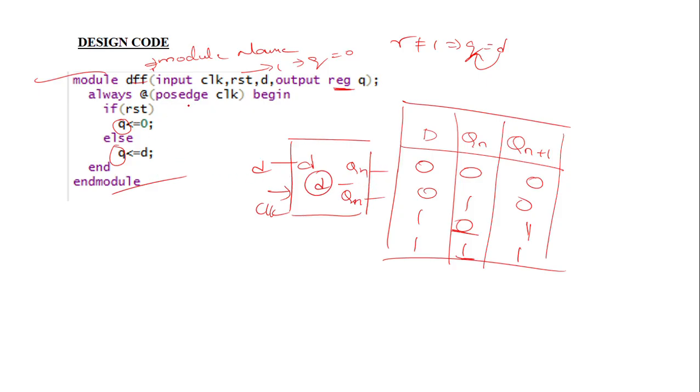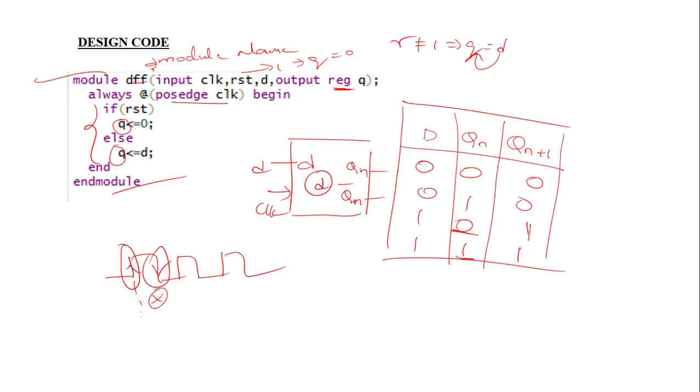Okay, so always at positive edge of clock means for every positive edge of clock, this always block is going to be executed. So suppose here we can see the positive edge of clock is going to happen, means at this particular point the always block is going to be executed, and whatever statements are inside this always block are going to be assigned to particular values. So after this negative edge, there is no always block execution happening here.